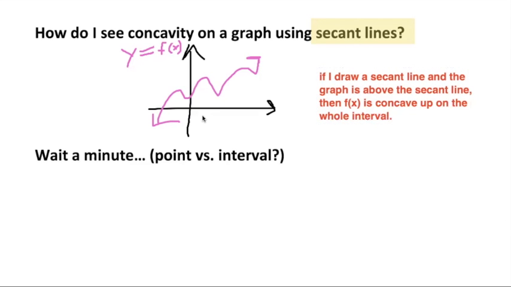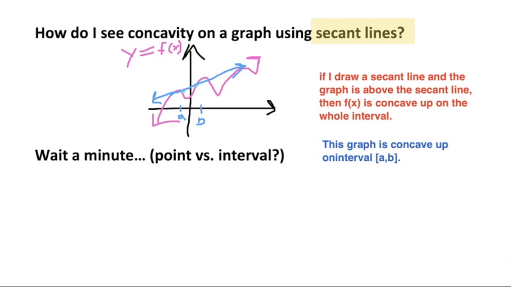And it's the same relationship with concave down. So for instance, let's look at these 2 points. Here I have this point and I have this point, and then I'm going to draw the secant line connecting these 2 points. Well, everywhere on that interval from A to B, it's true that the graph is above this secant line. So the conclusion is that this graph is concave up on the interval AB.